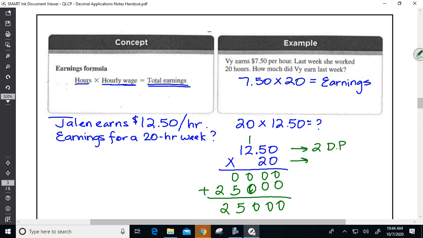The second number had no decimal places. That means your answer has to have 2 decimal places. $250. I know Jalen wishes it had 1 decimal place. $2,500 sounds real good. But $250.